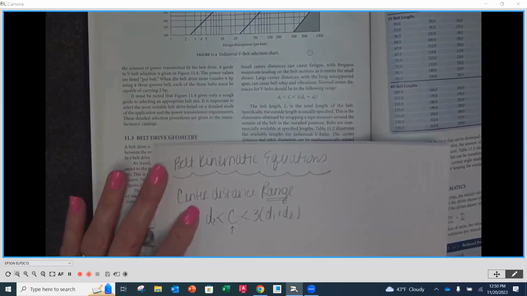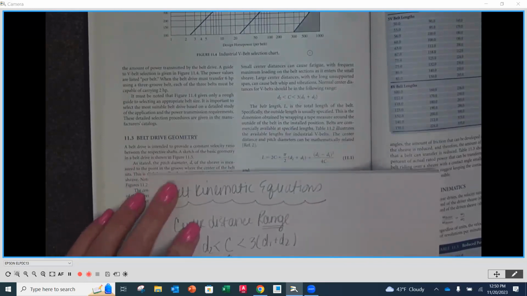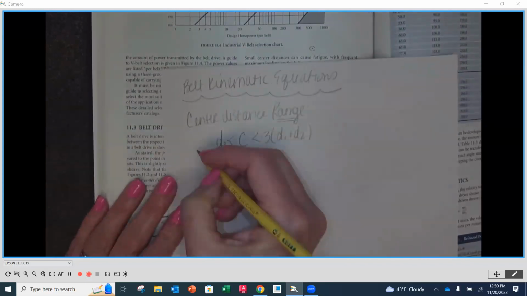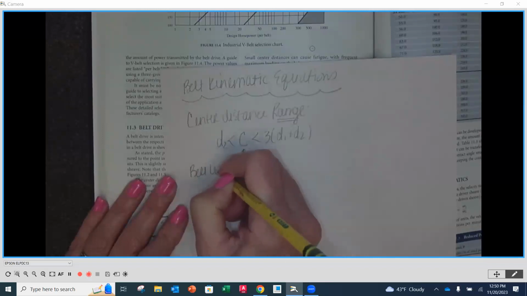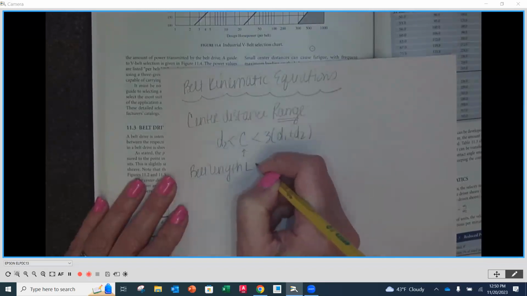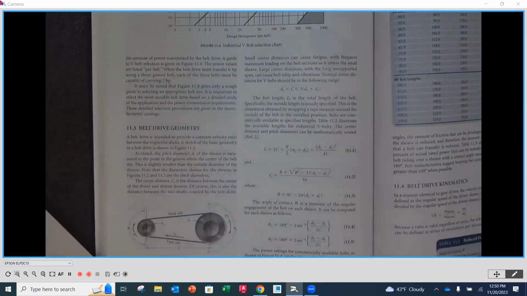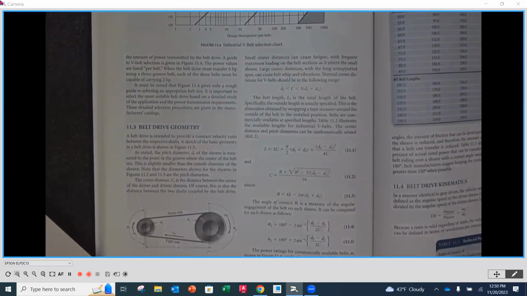The next equation we're going to be interested in is going to be the belt length. Okay, and capital L is going to be equal to, I got to write it off on the side here. It's this equation right here: 2 times the center distance plus pi divided by 2, D2 plus D1 plus.